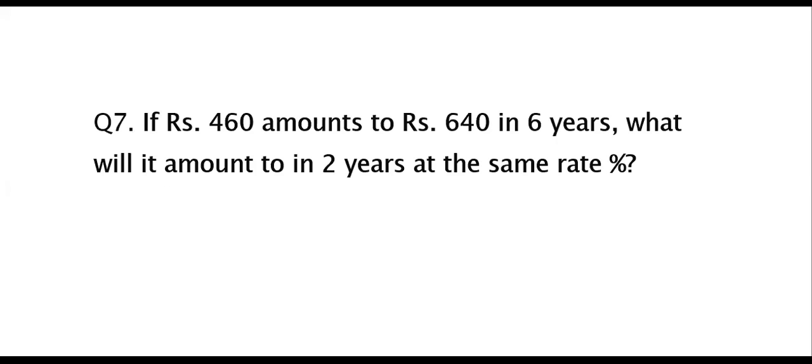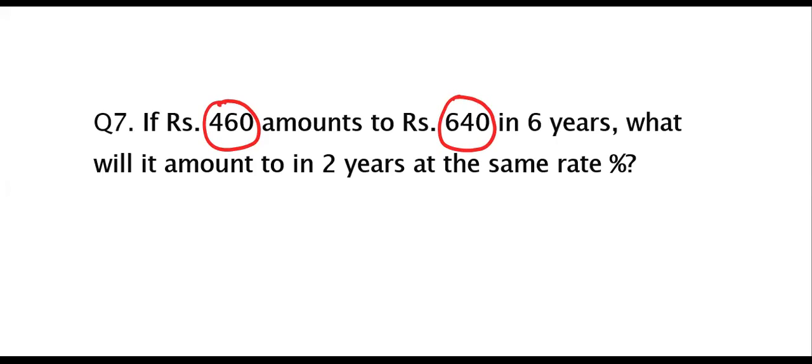In number 7, 460 you need to invest and you will get 640 in 6 years. You don't know the interest. With that interest, if you invest for 2 years, how much will you get?